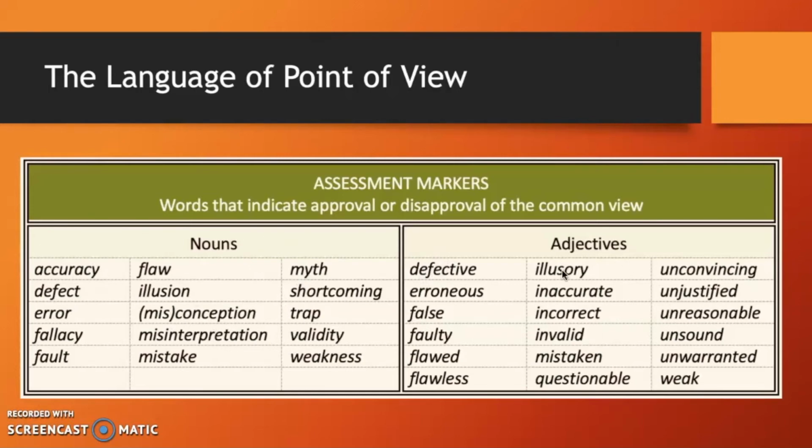And then over here, adjectives, such as "inaccurate" or "incorrect" or "invalid." These are all words that the writer could use to either say that something's true or not true. If the writer says "flawless," that means it has no mistakes. But if the writer says "flawed," then that means it does have mistakes.